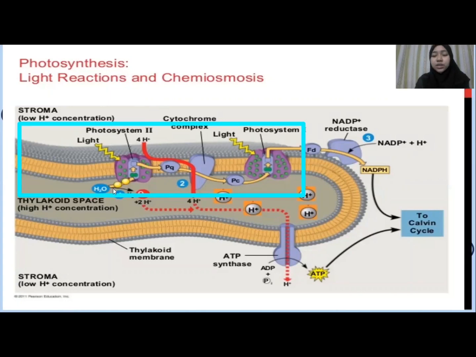The photolysis of water molecules breaks them down into protons, oxygen molecules, and electrons. The protons are transferred into the thylakoid space, whereas the electrons will be captured by the plastoquinone. However, oxygen molecules will be transferred out from the organelle.